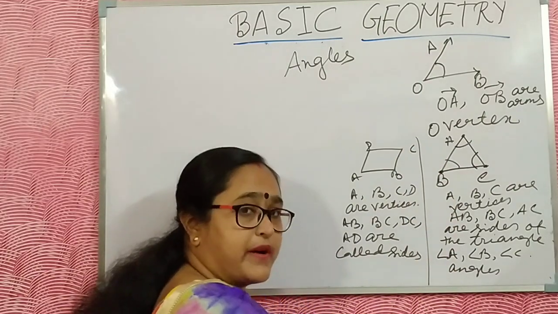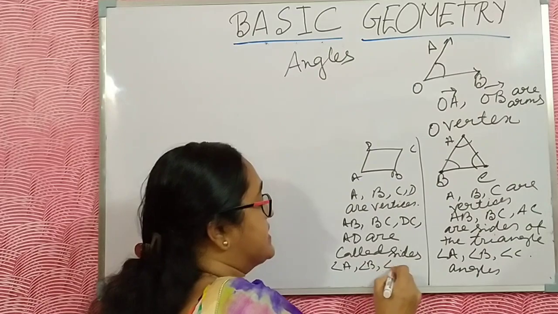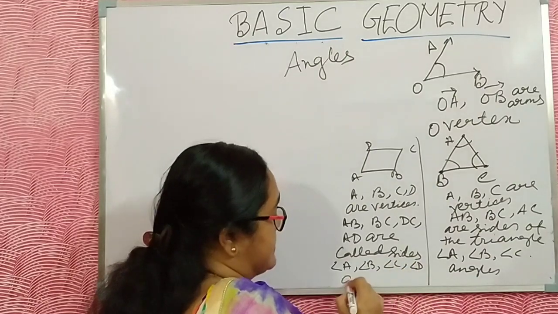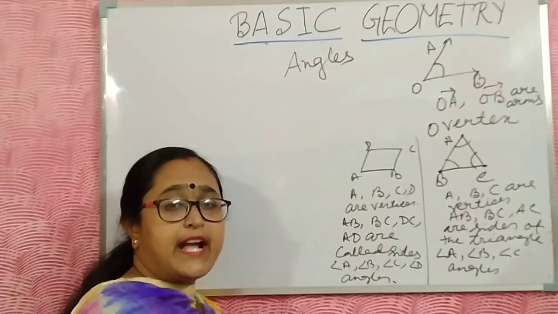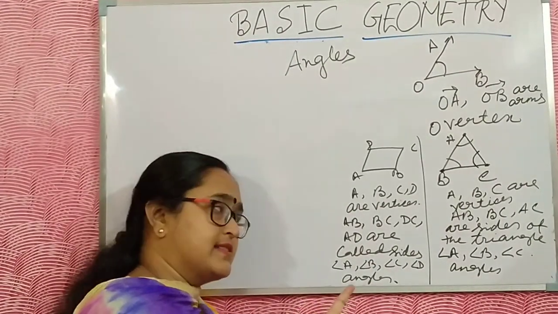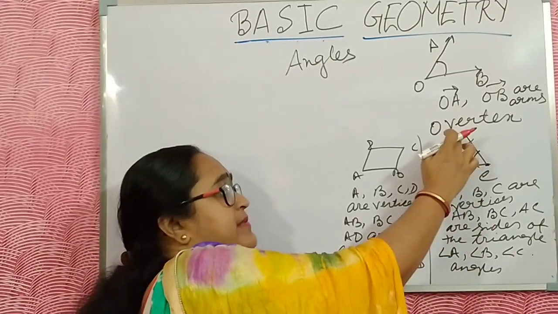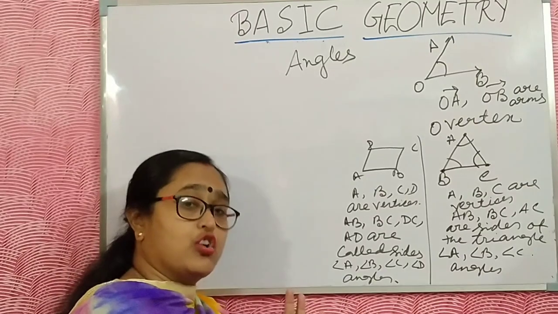And here A, B, C, D are the angles. A quadrilateral has 4 vertices, 4 sides, 4 angles. And a triangle has 3 vertices, 3 sides and 3 angles.